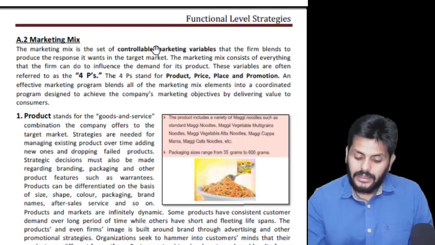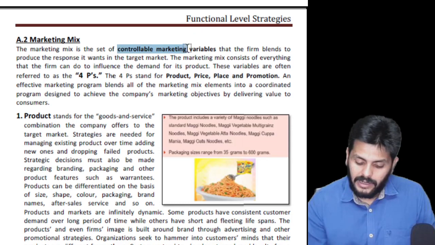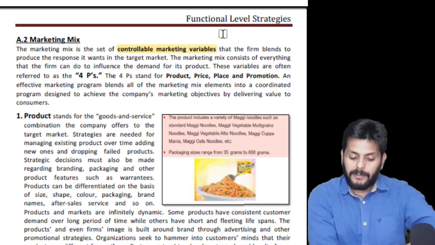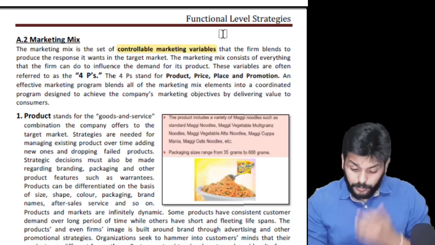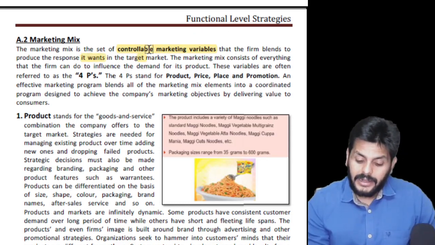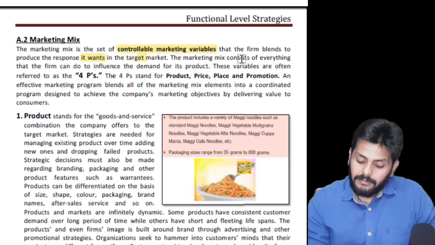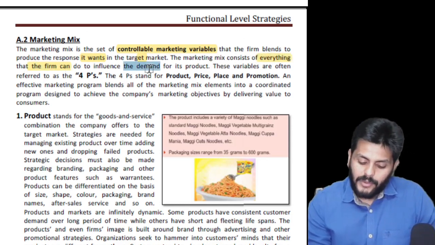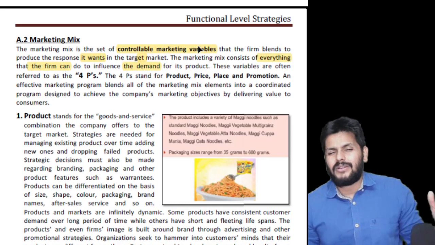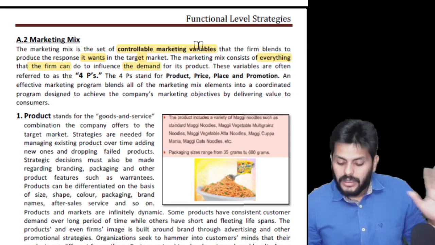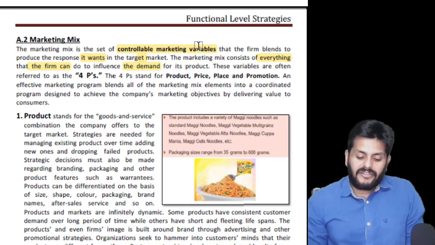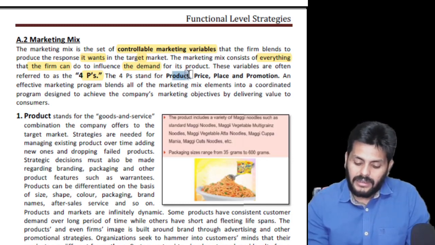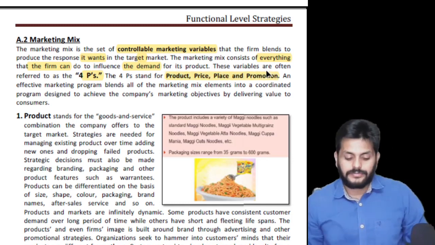Set of controllable marketing variables that the firm blends, means mixes, to produce the response it wants from the target market. The marketing mix consists of everything that the firm can do to influence the demand for its product. These variables are often referred to as the 4 P's: product, price, place, and promotion.